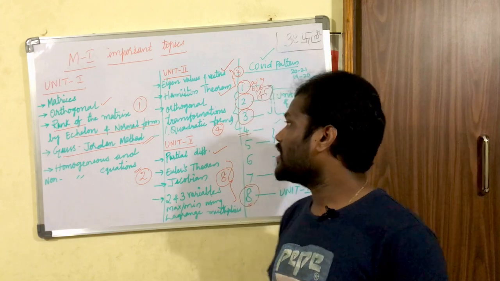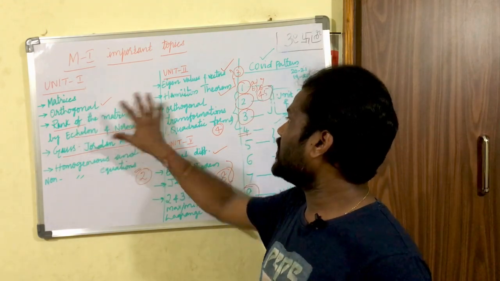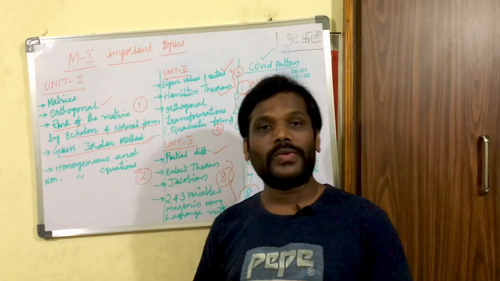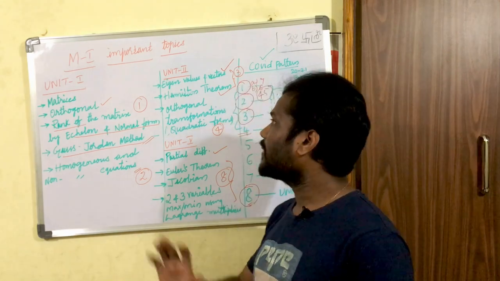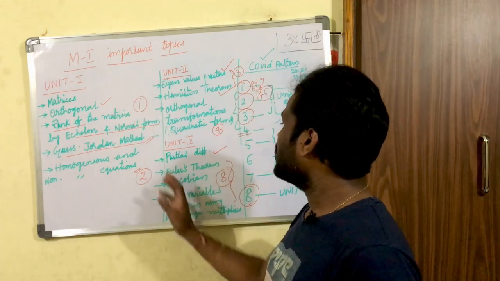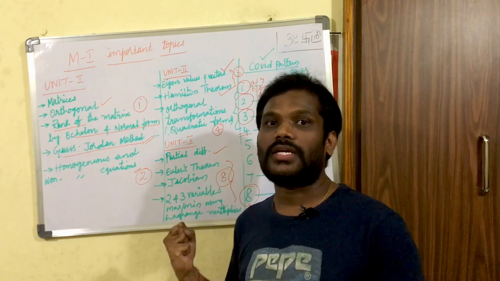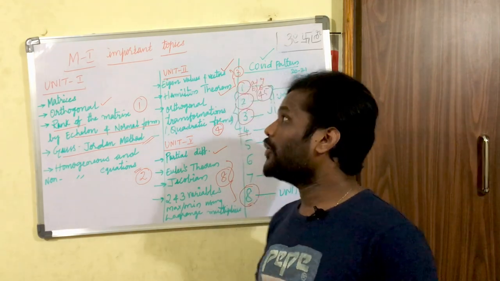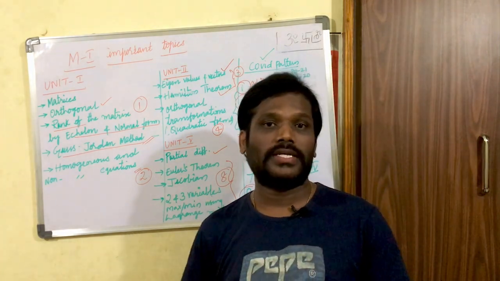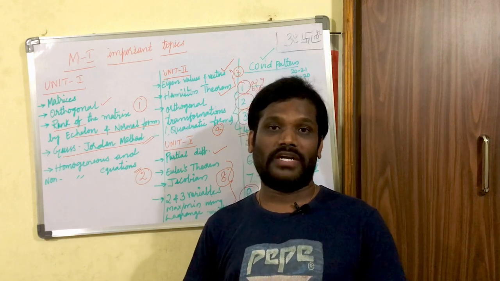So dear students, look here, out of the 5 units, I have taken into consideration only 3 units, and from these 3 units, we have covered 5 questions. So if you are perfect with all this, you can attempt 5 out of 5 also, dear students, and score 75 marks.